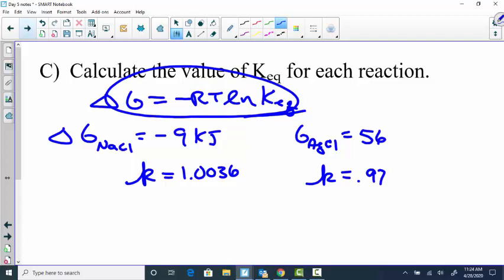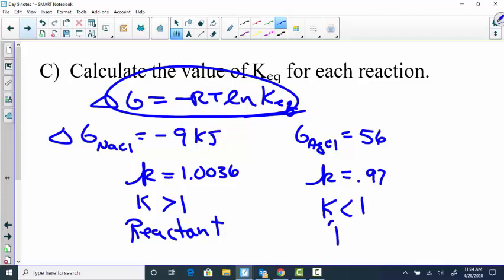But now look what those two numbers tell you. This is greater than 1. So K is greater than 1. If K is greater than 1, that means we are reactant favored. Here, K is less than 1. That means we are product favored.